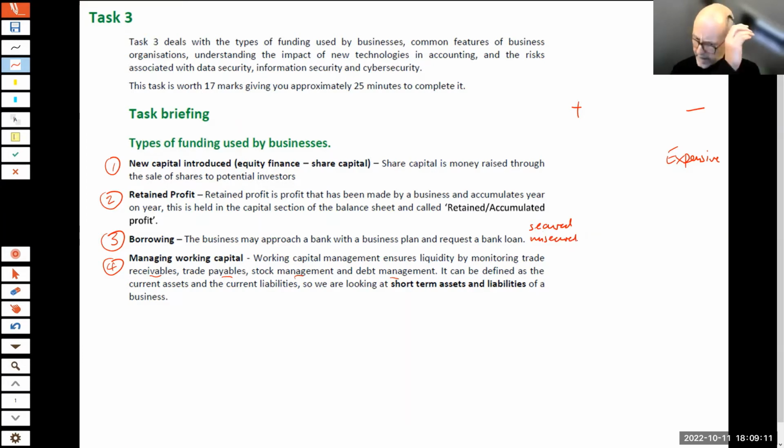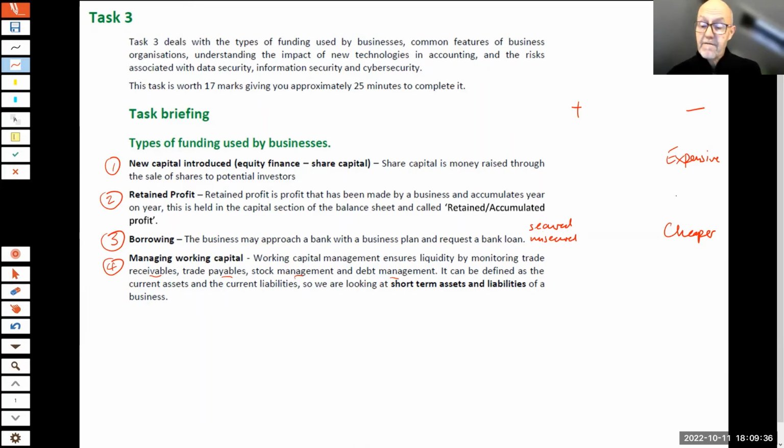So it gives the bank or whoever is lending a degree of confidence that they're reducing their risk. So that means that they will tend to lend cheaper than the sort of return that a shareholder may expect to receive. So a shareholder will only invest if the rewards are likely to be very good.